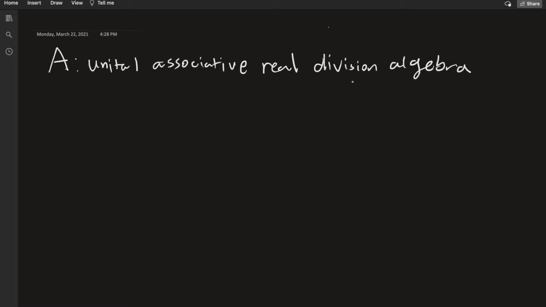And division algebra just means that every non-zero element of A has a multiplicative inverse.